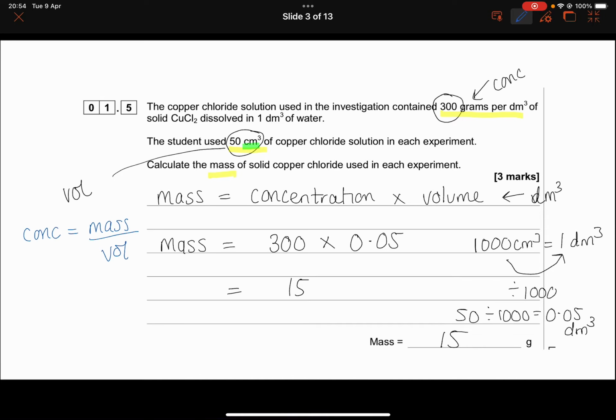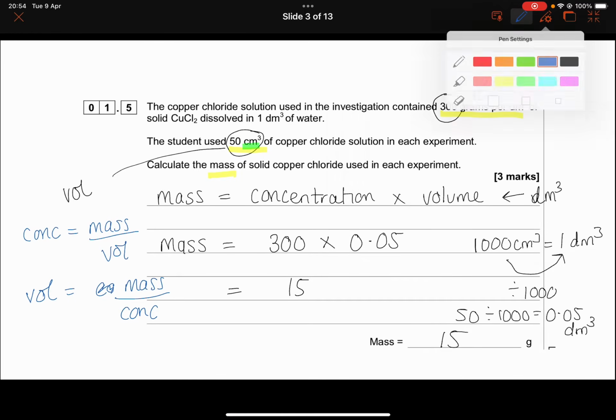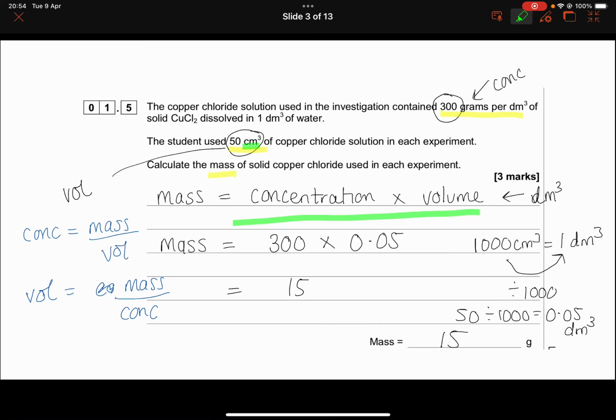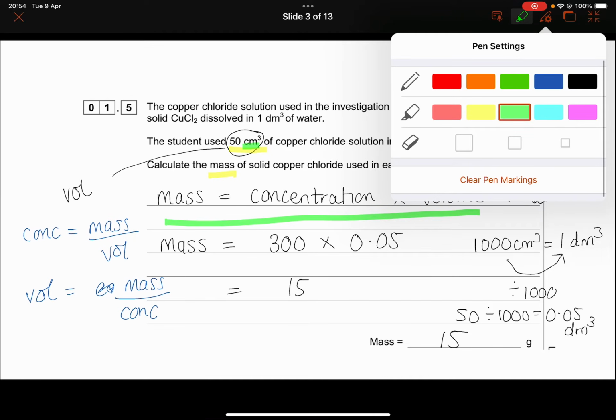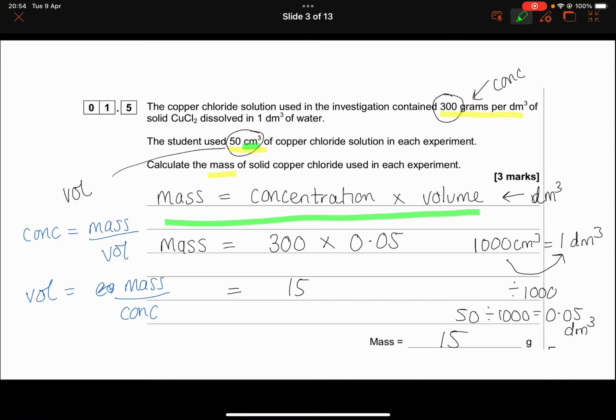Again, you could be asked to calculate volume, so volume would be mass divided by concentration. Okay, so looking at those, an easy 3 marks. The main thing you need to access this question is that equation there. And if you didn't convert the volume into decimetres cubed, there are still 2 marks up for grabs there. So definitely marks that we can be picking up.